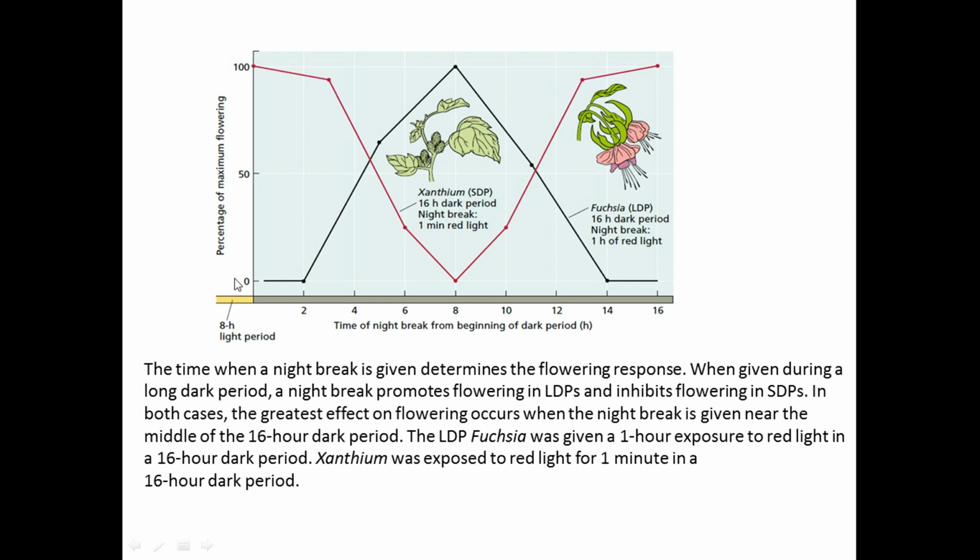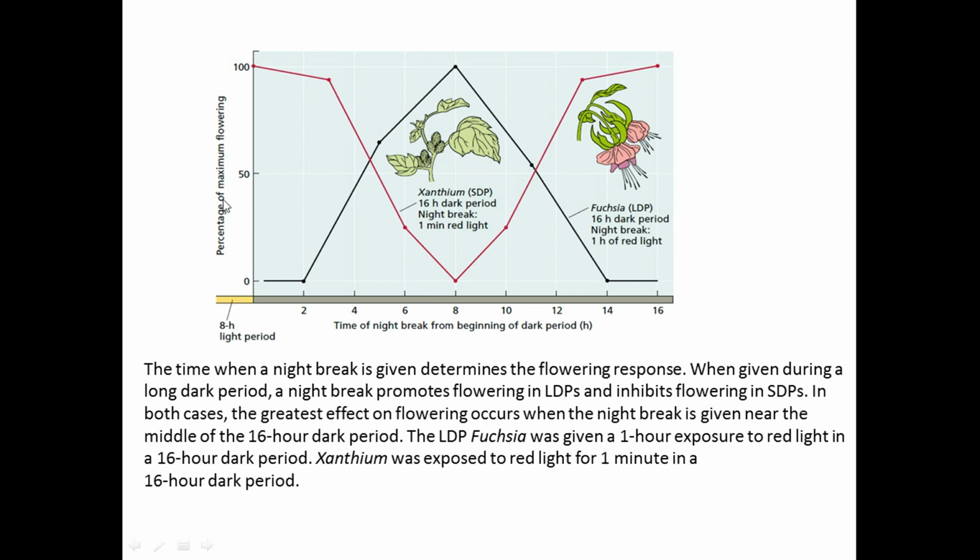After 8 hours of light period, the plant is exposed to 16 hours of dark period with a night break given at an interval of 2 hours, another experiment where it's given at 4 hours, another experiment at 6 hours, and so on. We have observed that at the 8th hour, when the night break is given, the effect of the night break is maximum.